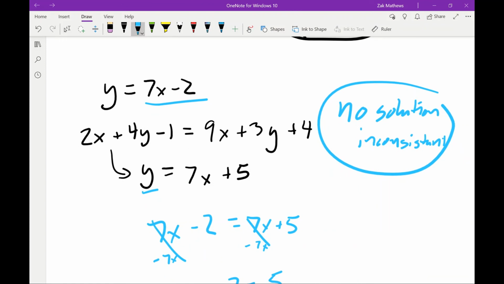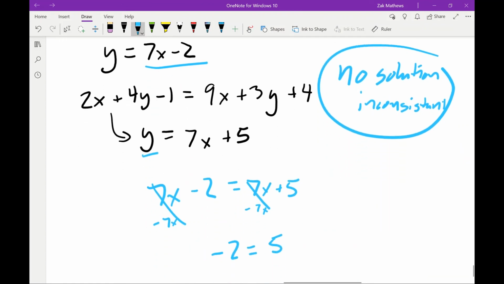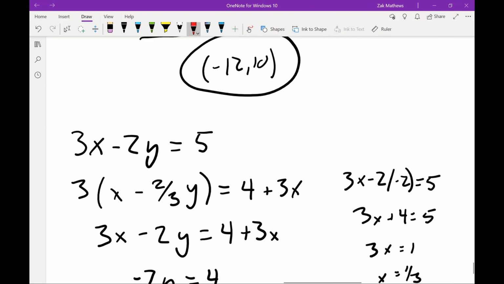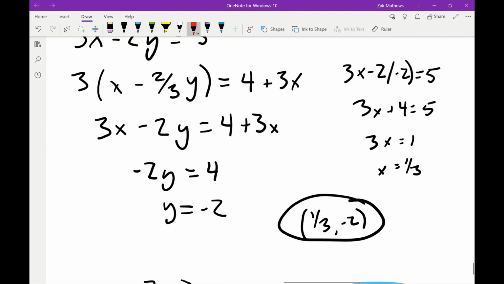So we may recognize that a little bit earlier on, but it's not always going to be this obvious. Anytime that we're solving our system of equations, we get to a point where the two sides are not equal to each other, and yet there's no more x's or y's. There's no way to make a negative 2 equal to a 5. That is never true. Before, when we had things like negative 2y is equal to 4, we can make that negative 2 equal to 4 by multiplying it by the negative 2.